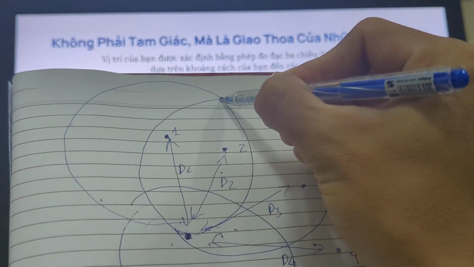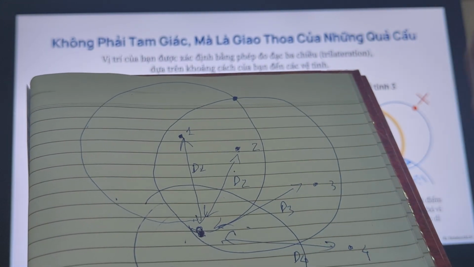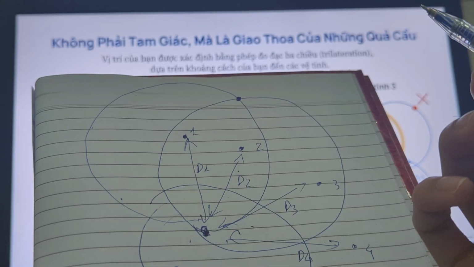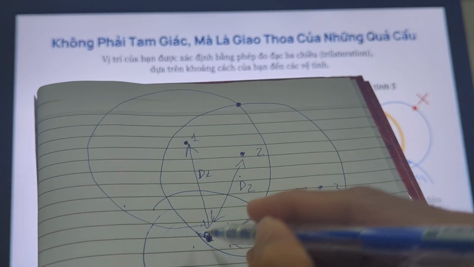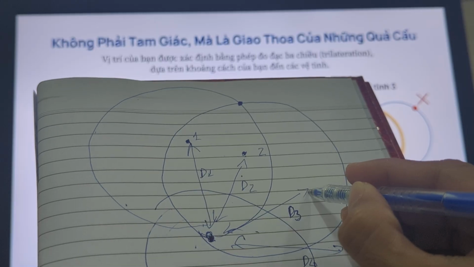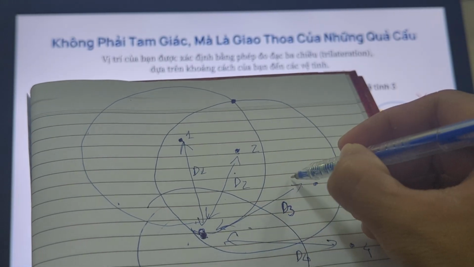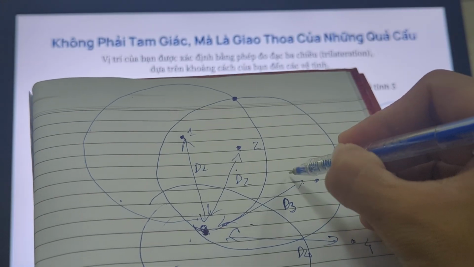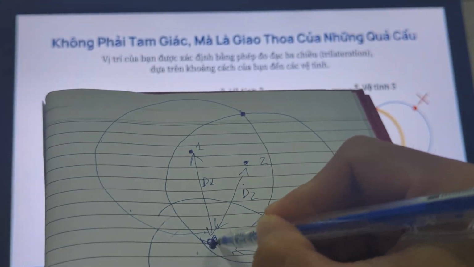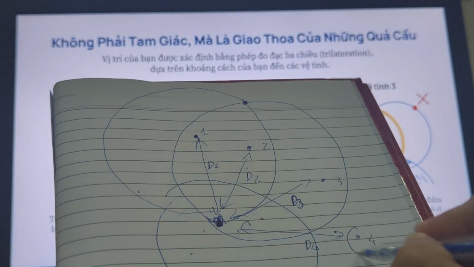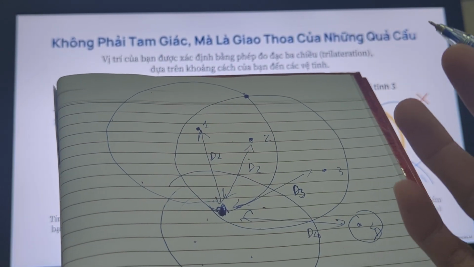You might be here, or here, you don't know. If we know one more distance, D3 from you to satellite 3, then you can calculate your exact position here. And satellite 4 will be used for more accuracy.